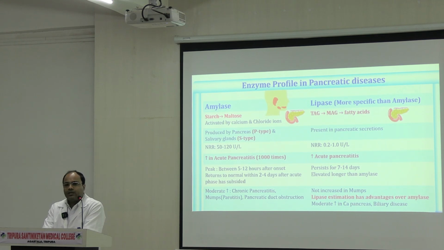Okay, pancreatitis. In case of mumps, lipase level is normal. So lipase estimation has an advantage over amylase, moderately increasing in cancer pancreas and biliary disease. Okay.